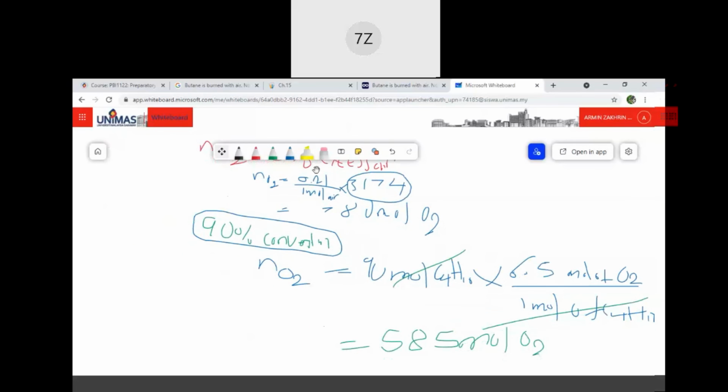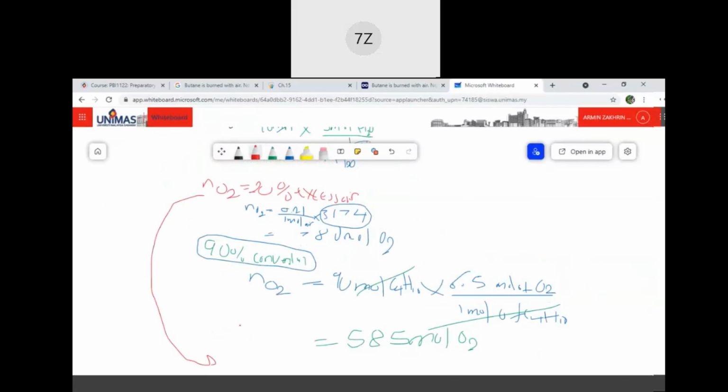Then we need to find the number of mole of O2 in the product.